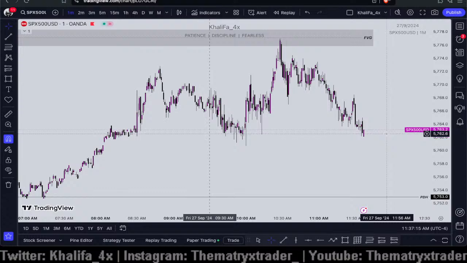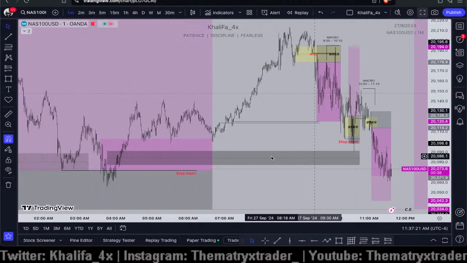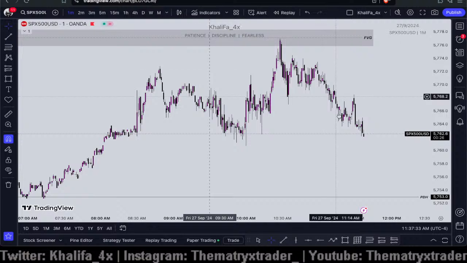And we have taken this initial sell side liquidity on the NASDAQ. I'm sorry, we took the first sell side liquidity on the SPX.